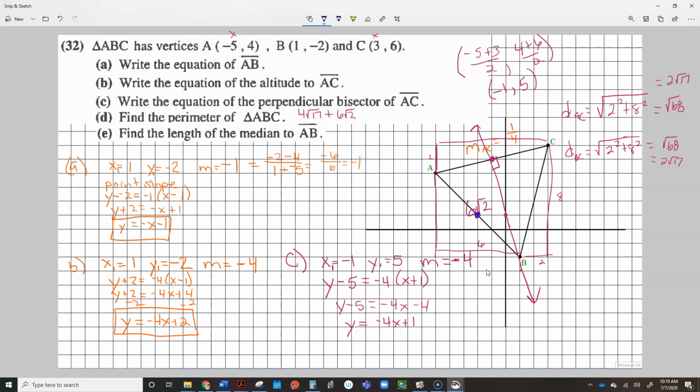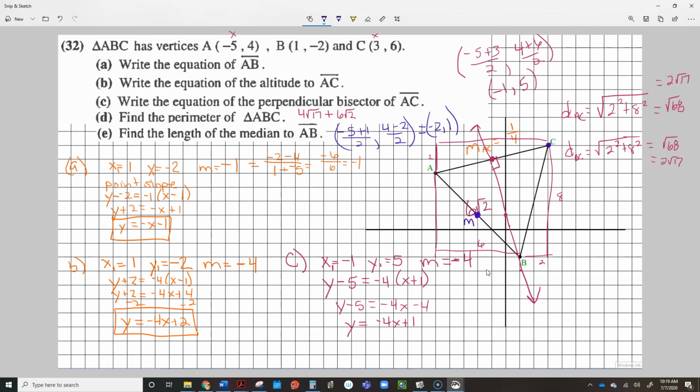The midpoint of AB is -5 plus 1 divided by 2 and 4 minus 2 divided by 2. So that comes out to be (-2, 1). So there's the midpoint. And now the midpoint and this point right here. What can we call that midpoint?